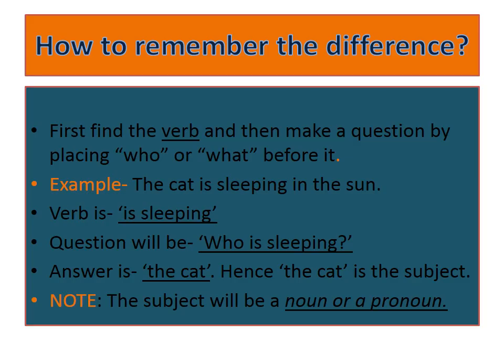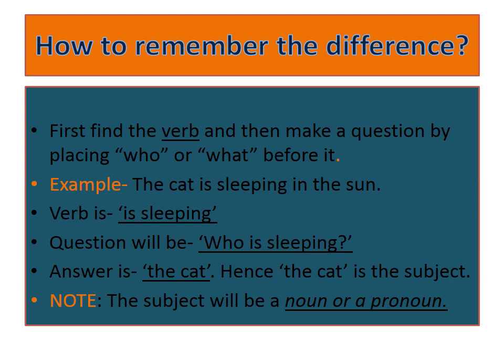Students, when we study definitions, at that time we feel that we understood it very well. But later when we start practicing we find it difficult. So there are some very basic things. So here we will understand how to remember the difference between a subject and a predicate in a sentence.